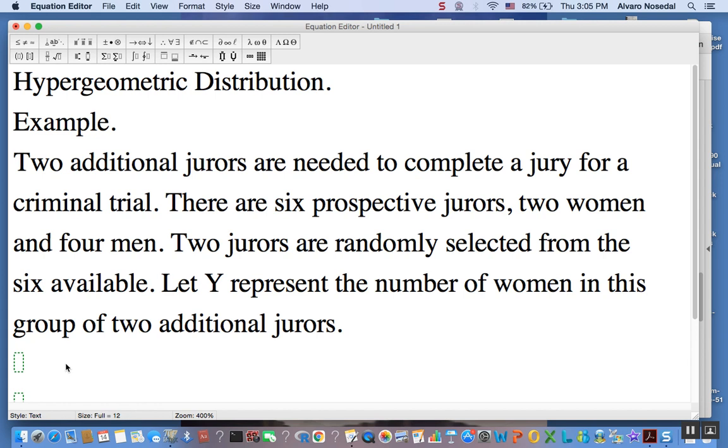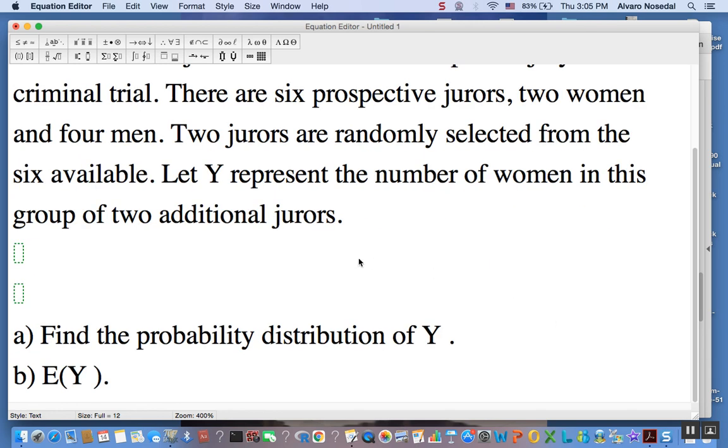So the random variable that we're interested in is y, and y represents the number of women in this group of 2 additional jurors. Make sense? Okay, and furthermore, we would like to find the probability distribution of y and the expected value of y. Make sense? Okay.